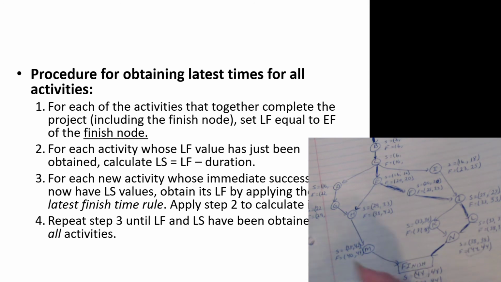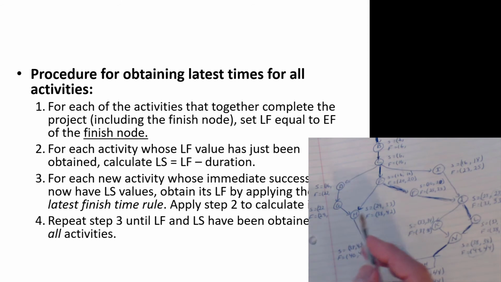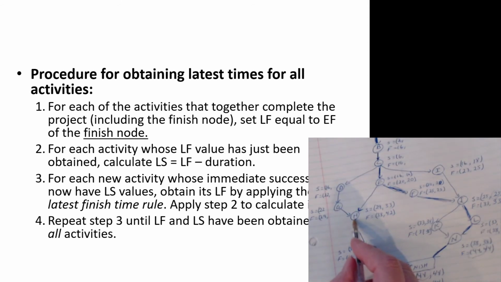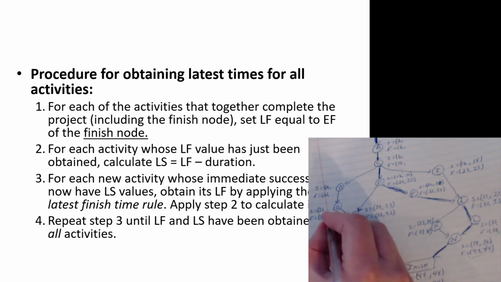Okie dokie. Let's go down to G here. From H's latest start of 33, G's latest finish has to be 33. G takes 7 weeks, so we subtract 7 weeks off of 33, and I get about 26.